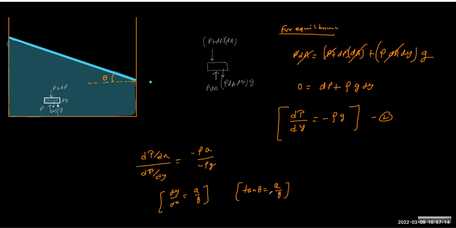Here the value a by g is more like vectors. The g is negative and a is a positive number, so it's basically ax by ay, and ay is like minus g. Anyway, what I was trying to prove is that the surface will be flat, and in some questions you will also come across finding the pressure gradient.